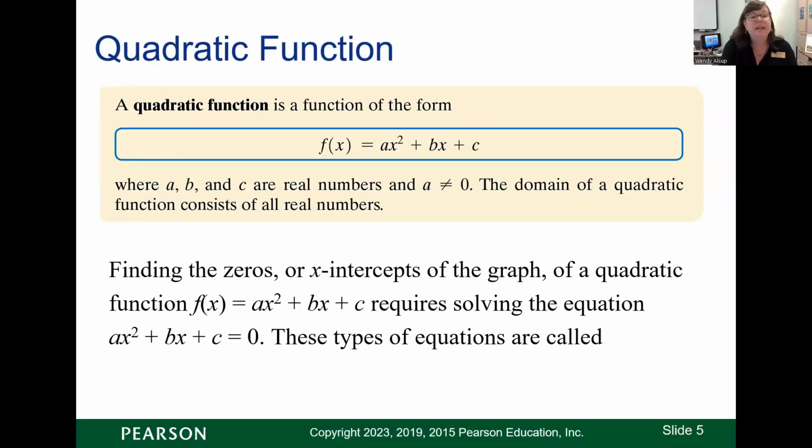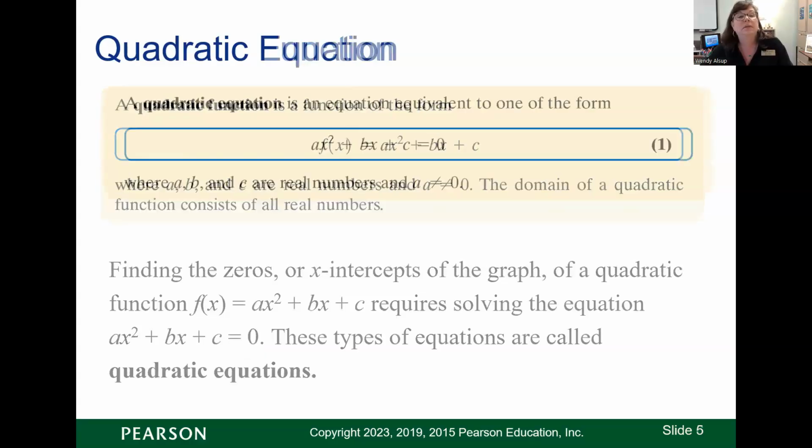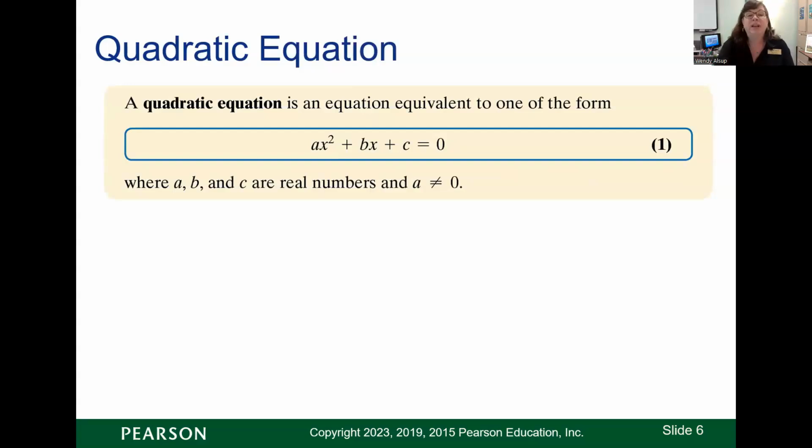These types of equations are called quadratic equations. Quadratic refers to the fact that it is second degree. It has an x to the second power. Quadratic functions make the shape of a parabola, which is like an upside down or right side up U shape.